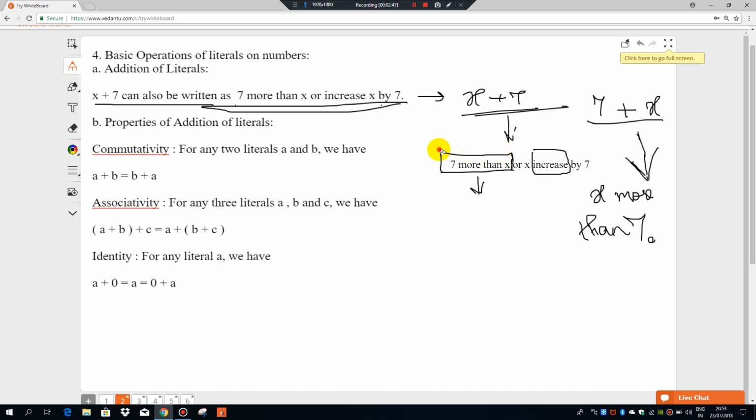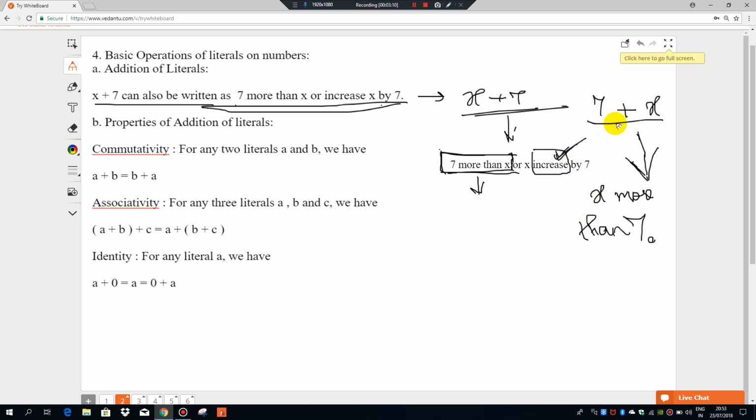In that case, this ordering change doesn't mean anything in the sentence. Same with increase and decrease, the order will be the same.